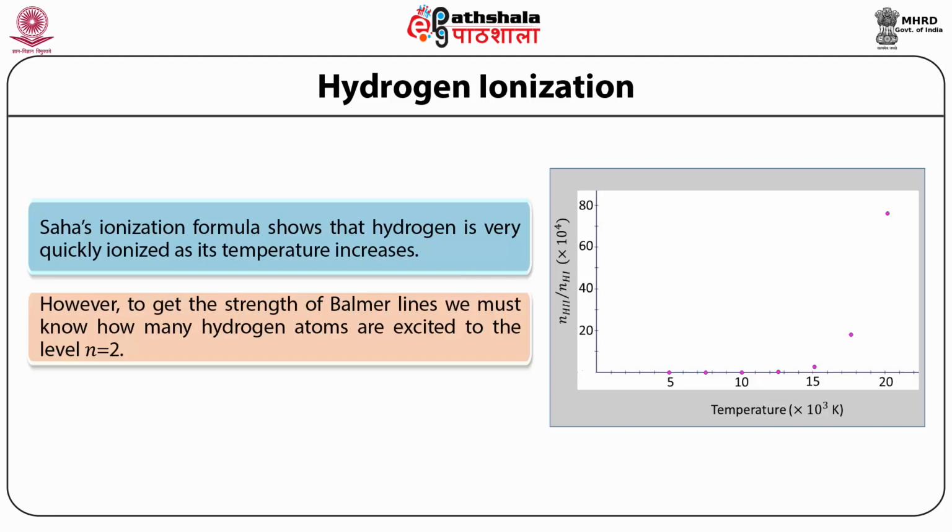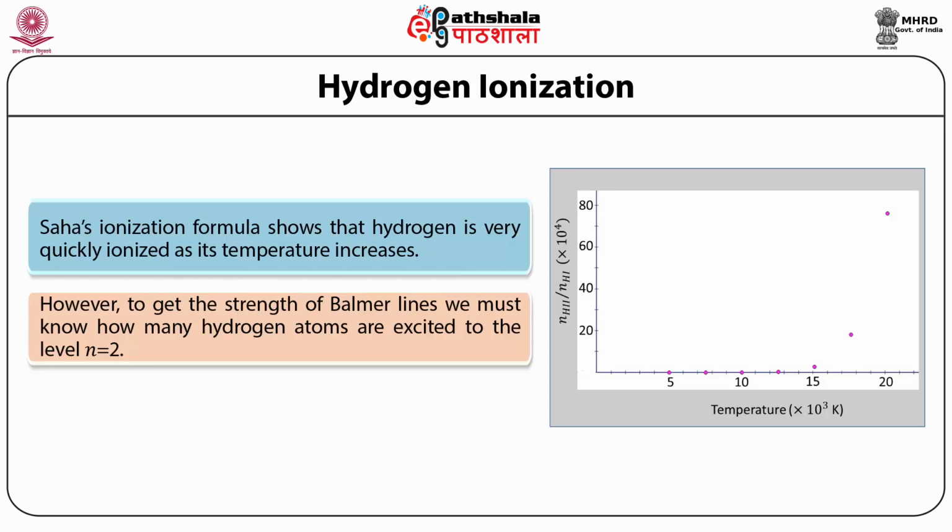The data of the fraction of ionized hydrogen atoms at various temperatures at electron pressure equal to 100 dynes per centimeter square is plotted in the given figure, and we notice that from a completely unionized state at about 5000 Kelvin, hydrogen becomes almost fully ionized much before the temperature reaches 15,000 Kelvin. However, the degree of ionization by itself is not very important.